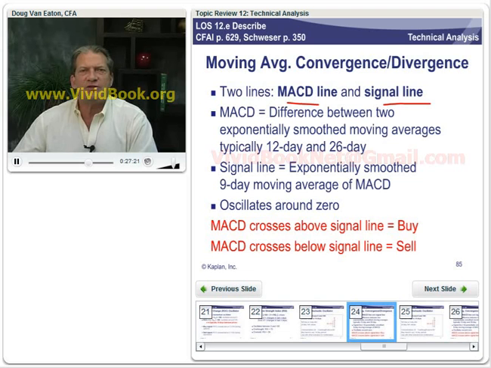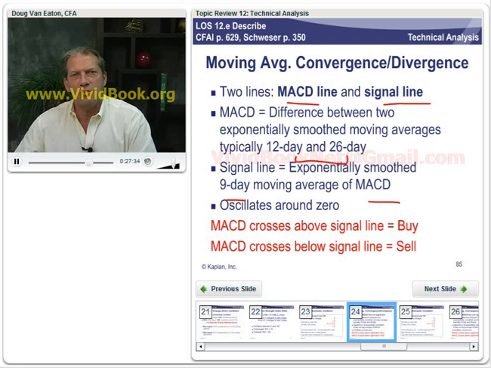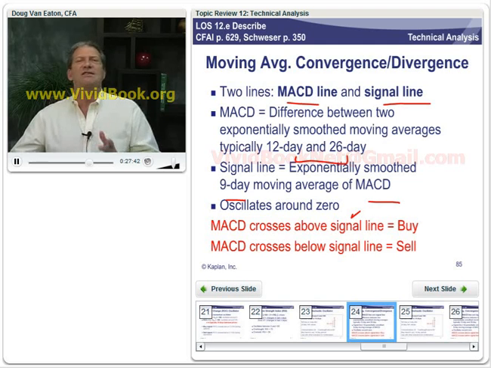And then the signal line is an exponentially smoothed 9-day moving average of these differences between the two exponentially smoothed moving averages. Now this oscillates around 0. It can either be positive or negative. But the idea is the same.